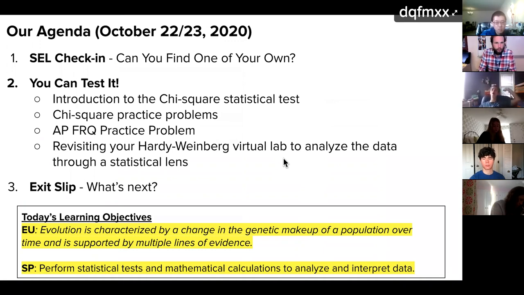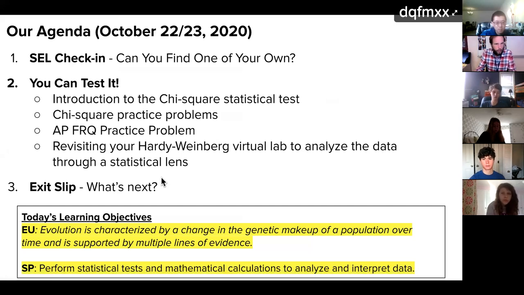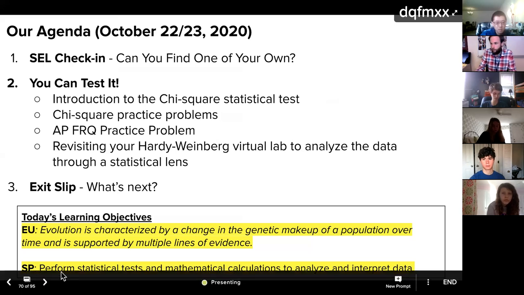And we'll move on to this new statistical test, which is different from the one that we just talked about. And along the way, of course, we'll take our break, and I've got some practice problems that we can work on both together, and then hopefully you'll have some time to work independently on some AP practice problems, both multiple choice and free response, I believe. But we'll see how things go. All right.